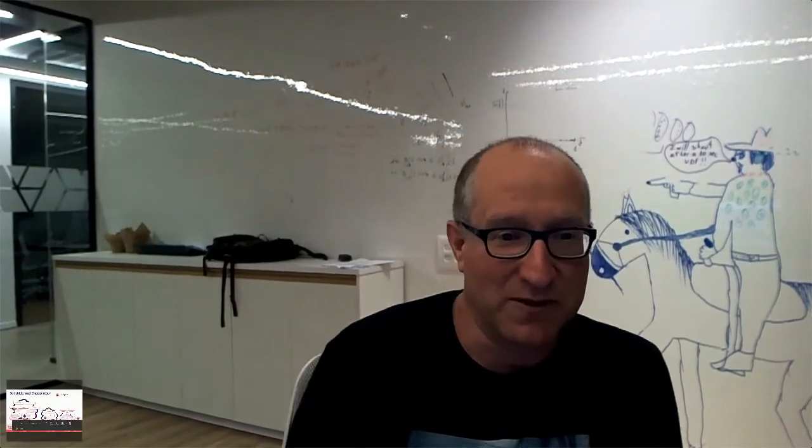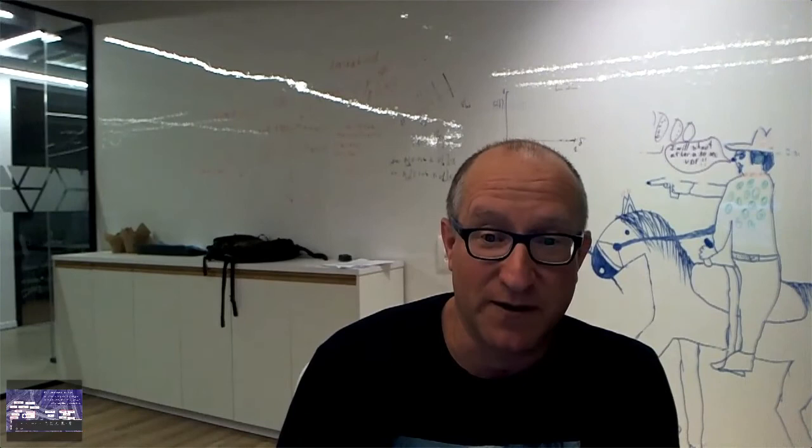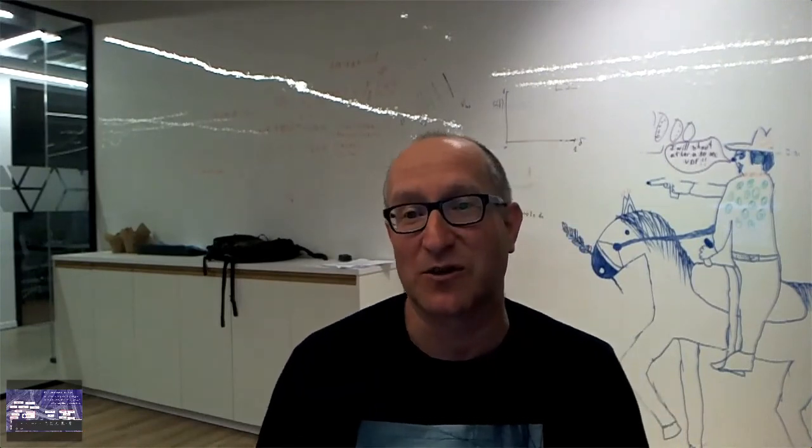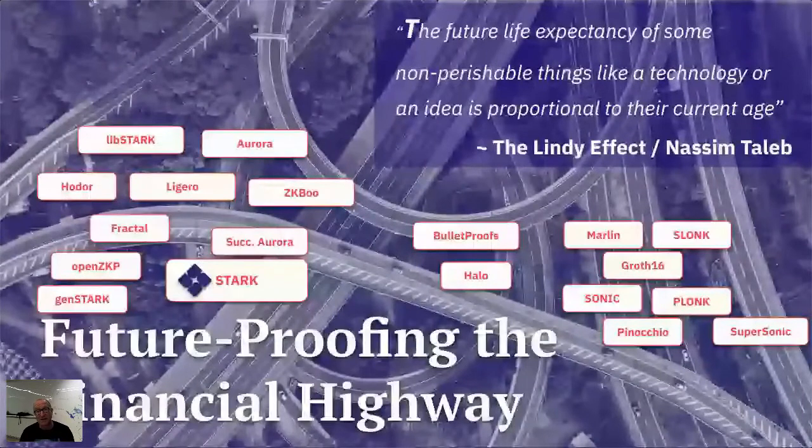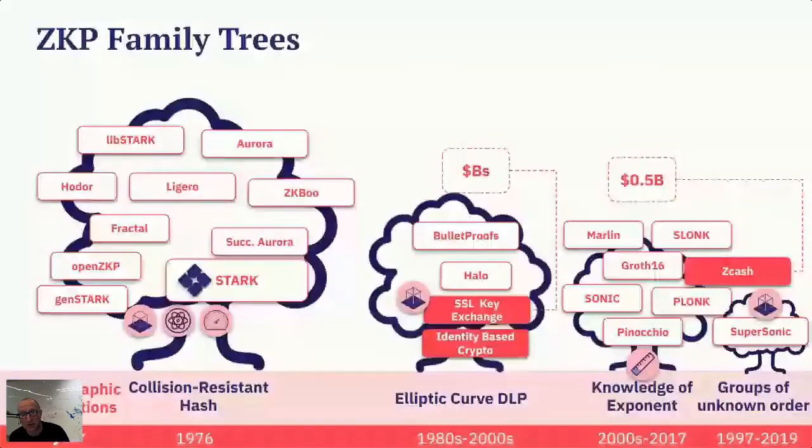Now I want to talk about the future proofing of the financial highway, and let's look at it through the lens of the Lindy effect, which says that the future life expectancy of some non-perishable thing, like a technology or an idea, is proportional to its current age. So this goes back to the question of when can we trust systems?